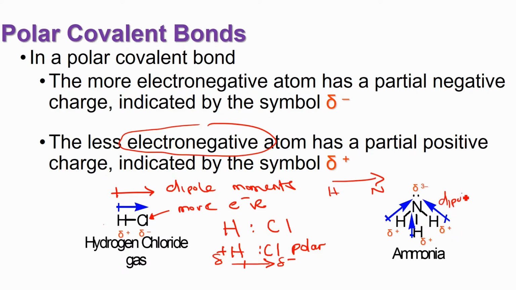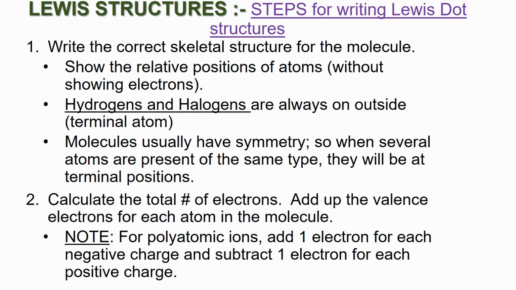So again, these arrows are called dipole moments, and that makes ammonia very polar because, of course, these dipole moments are oriented towards the nitrogen rather than the hydrogen. And it's polar again because you have partial negative charge on top and partial positive charges at the bottom. So you see, you create a dispersion of charge, and that makes the whole ammonia molecule polar.